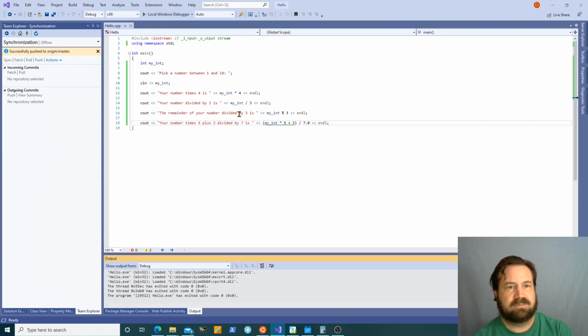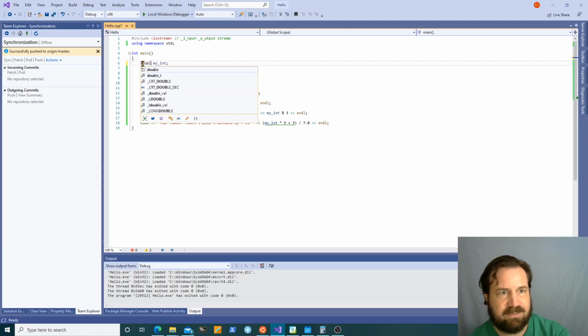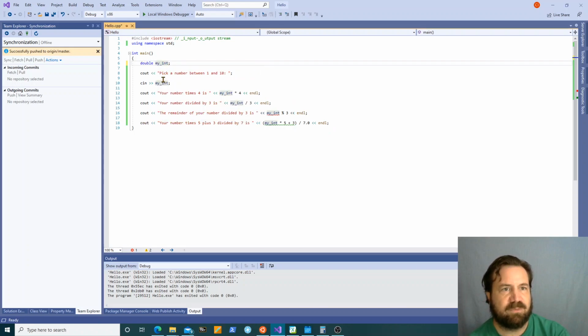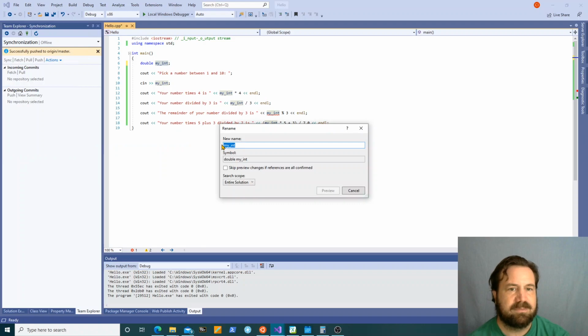The other way I could do it is I could make the original number a floating point number. I can make it a double. Remember from last video we used doubles instead of floats because of the increased accuracy. I'm going to come through here and choose to rename my int as my double.